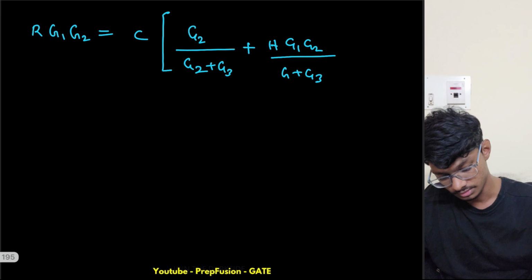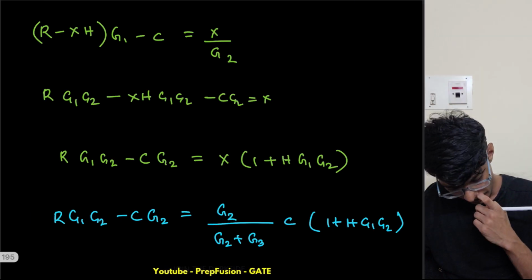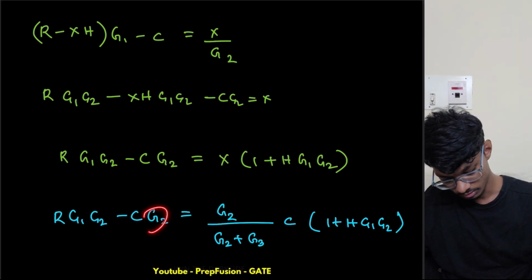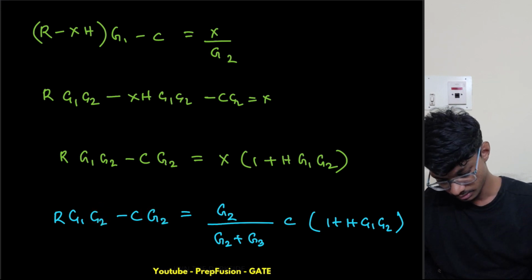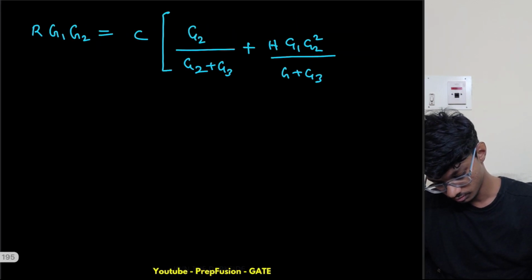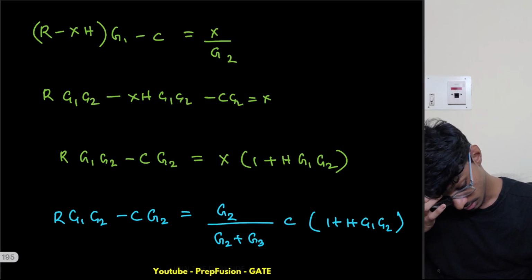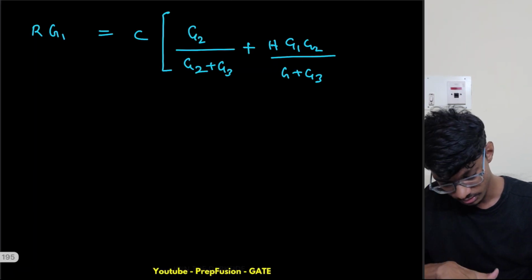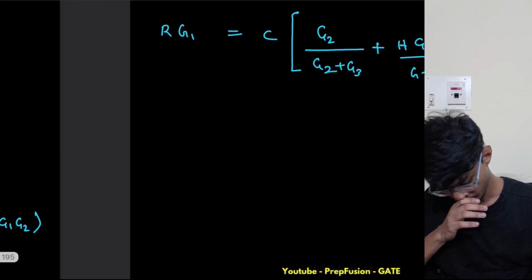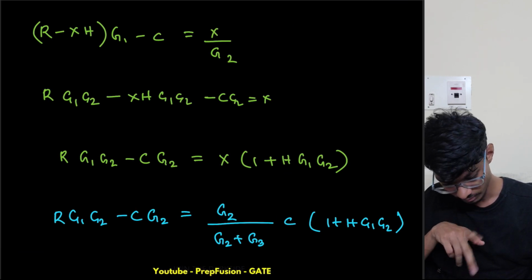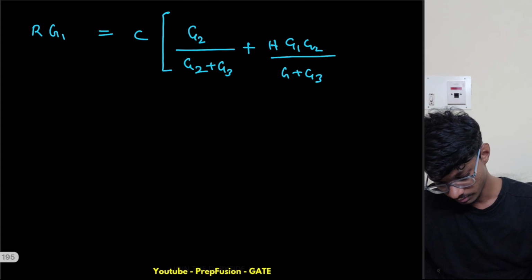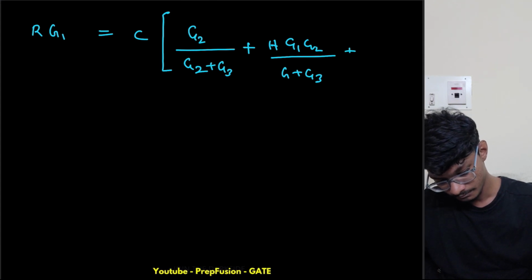Okay, this becomes g2 square. G2 I can take common, so don't need to worry about g2 anymore. This g2 is gone, this h g1 g2 is there only, so g3 plus g2. Now we have to add 1, right? I take common, we have to add only 1 plus 1.